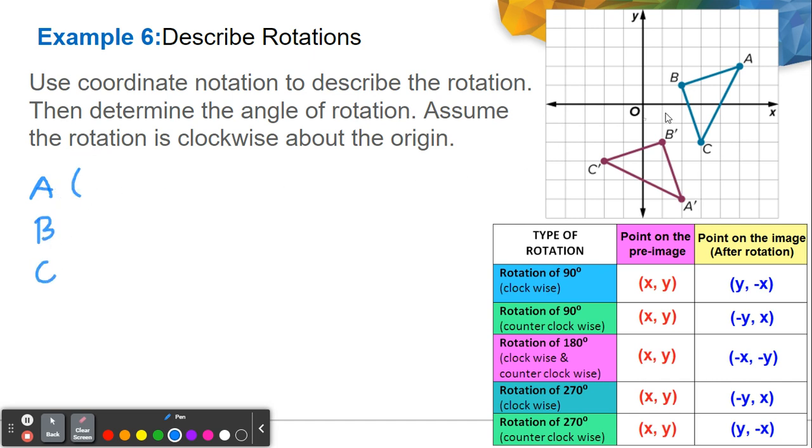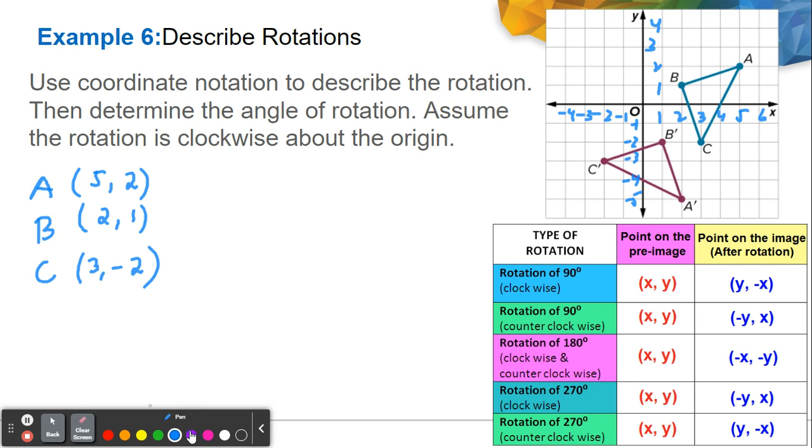So our A, this is 1, 2, 3, 4, 5, 6. 1, 2, 3, 4. Negative 1, negative 2, negative 3, negative 4. Negative 1, negative 2, negative 3, negative 4, negative 5. So A is 5 and 2, while B is 2 and 1, and C is 3 and negative 2.